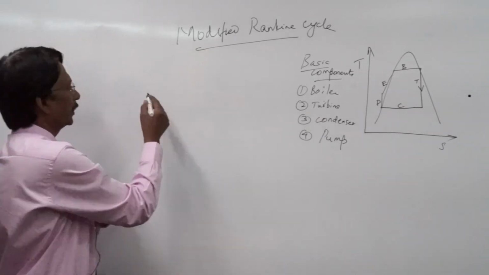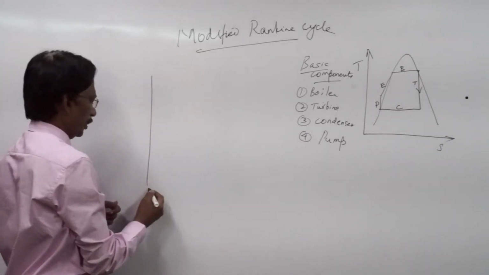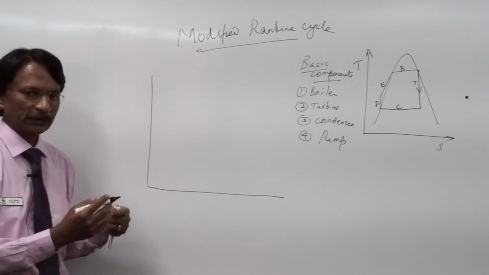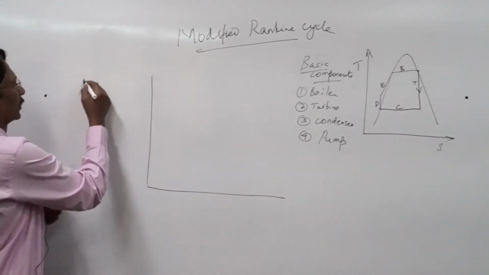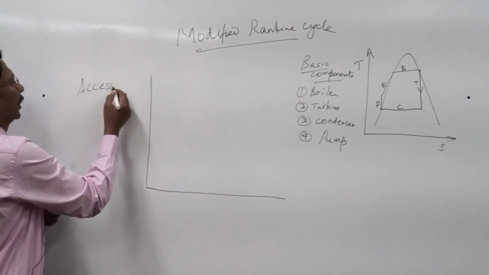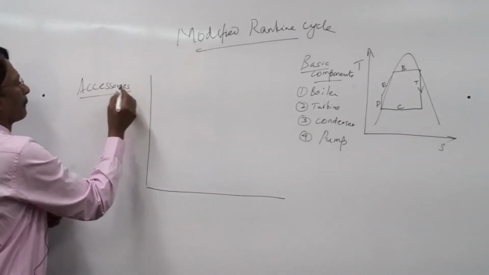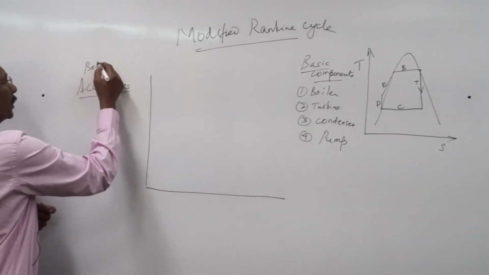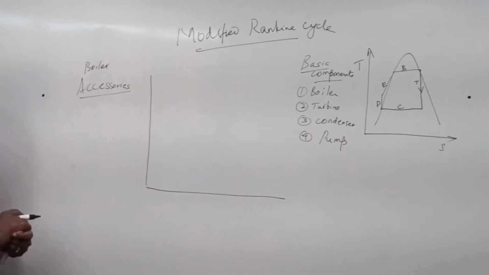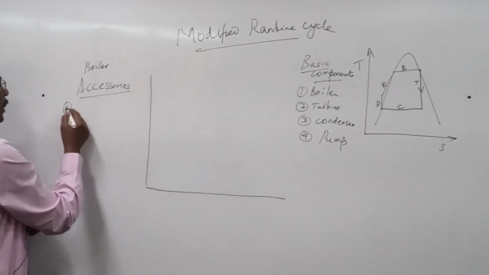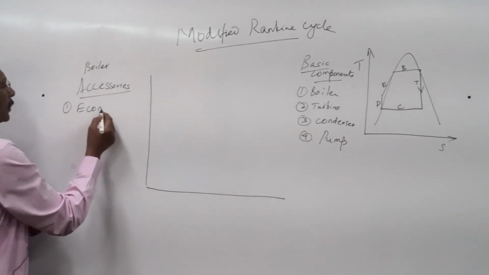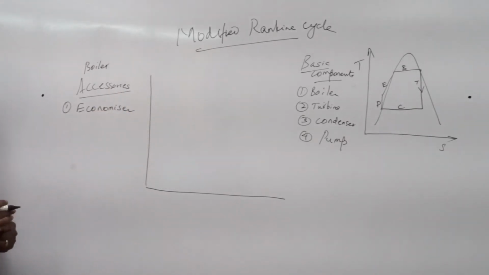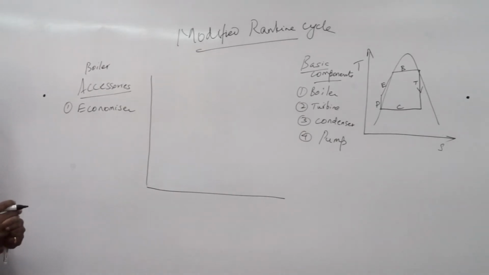A modified Rankine cycle is one where I'm going to use certain accessories, which I call boiler accessories. The first one can be the economizer.